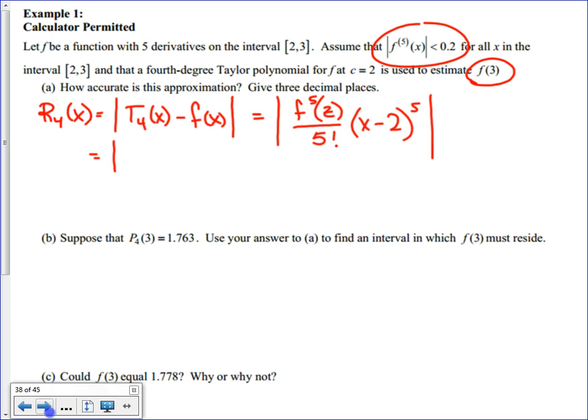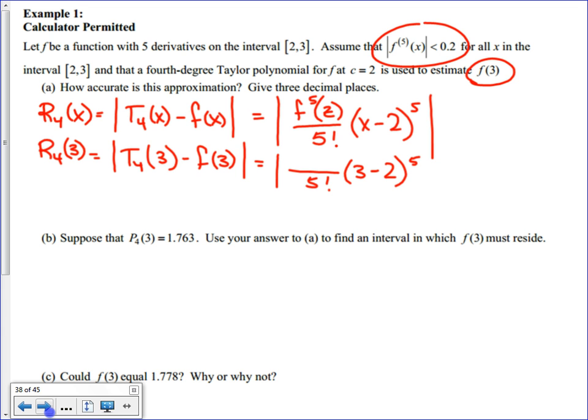I'm estimating 3. That helps a little bit, right? Then how do I use my other clue?